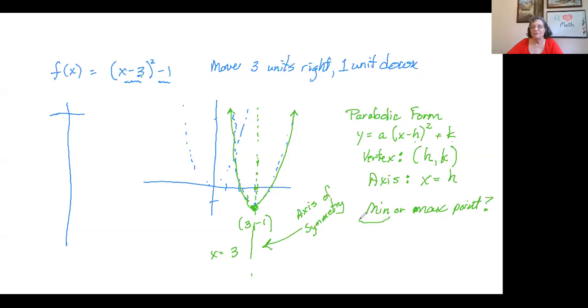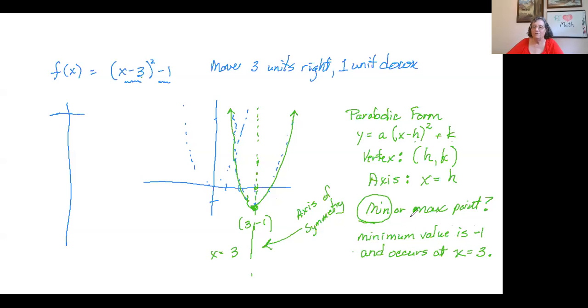In this case, it's going to be a minimum, since this is the lowest point. So this graph has a minimum point. The minimum function value is -1. And it occurs at x equals 3.